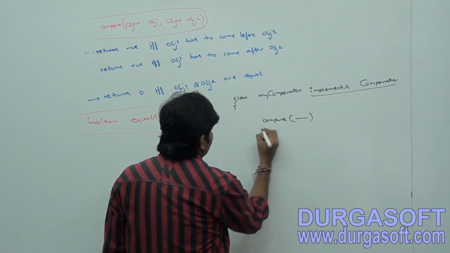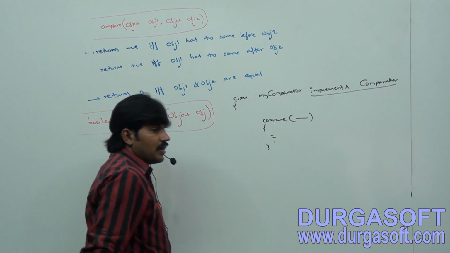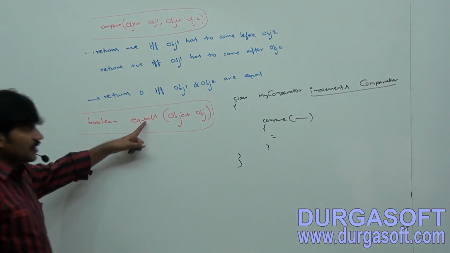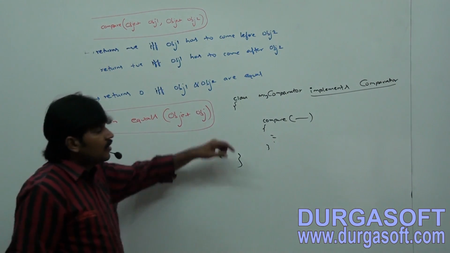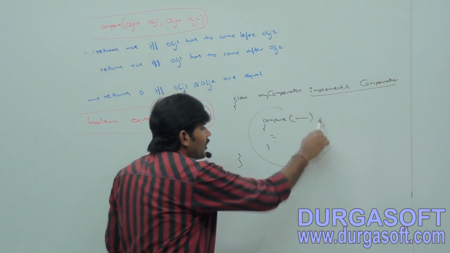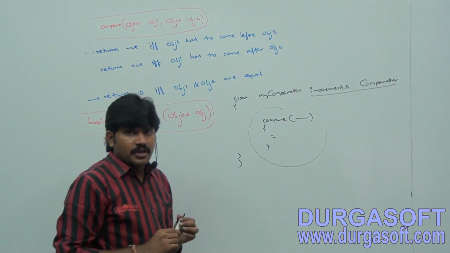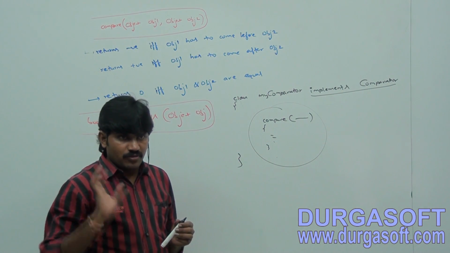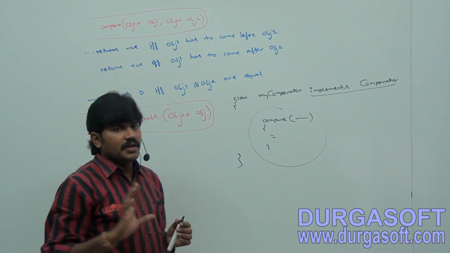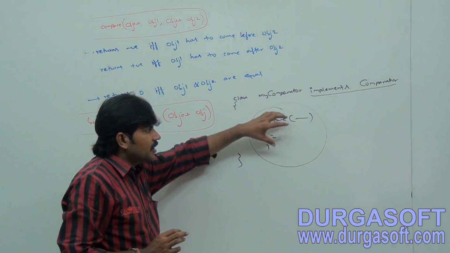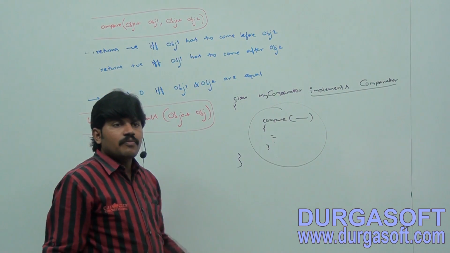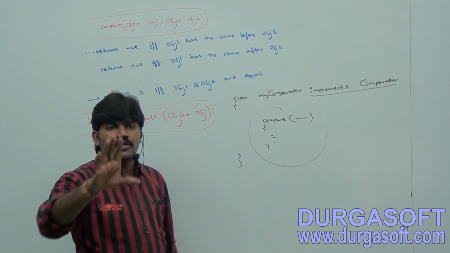For the other method, equals, we are not required to provide implementation. Then immediately you ask, sir, you are violating interface rules. I'm not violating anything. Just observe: we compulsorily provide implementation for compare, but what about equals? We are not required to implement it.